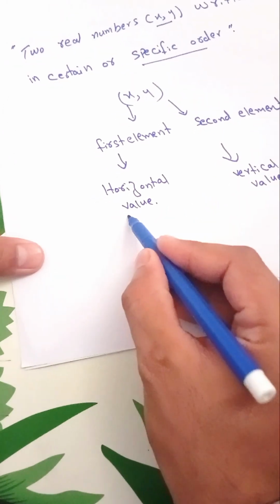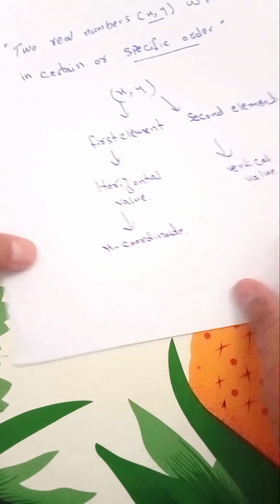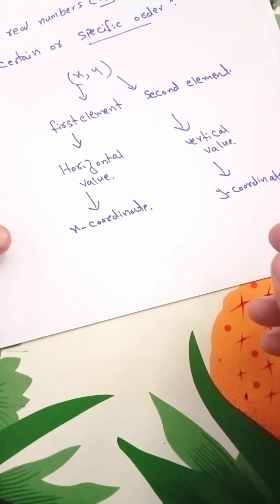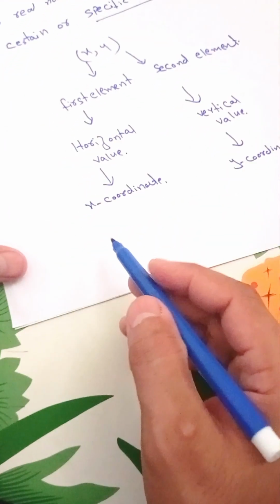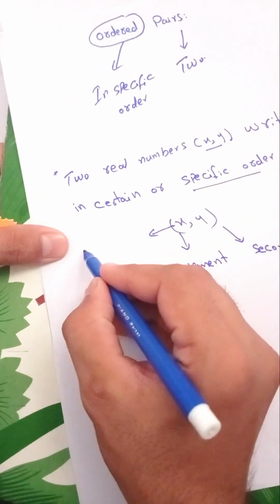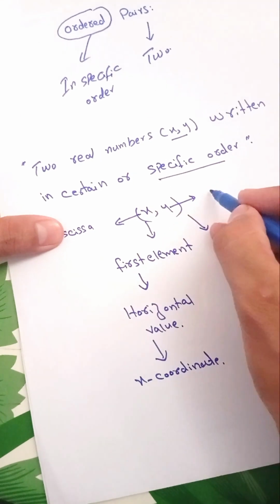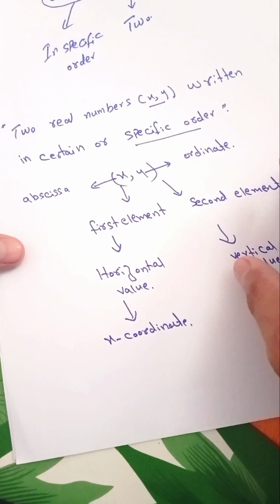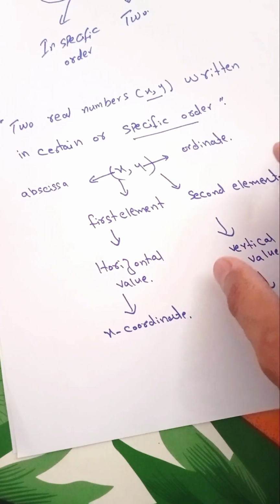So the horizontal value is also called the x coordinate and the vertical value is also called the y coordinate. One last thing: we also call x the abscissa and the y value the ordinate. So these are the different names that we use for the elements of ordered pairs.